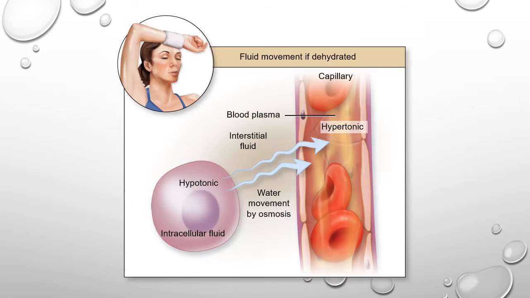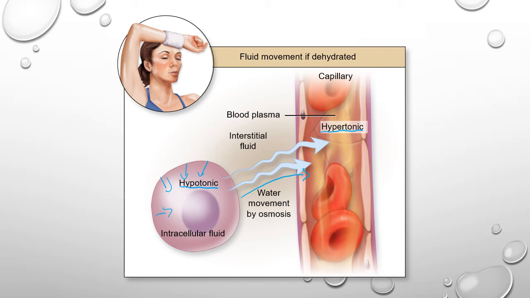If, on the other hand, we've lost a fair amount of water, we now have a situation where inside the blood, in our plasma, we have a hypertonic solution compared to that of the cells, which are a hypotonic solution. And so in an effort to keep our plasma elevated in terms of the quantity that's there, we're going to have water movement back into the plasma, and that is shrinking our cells.